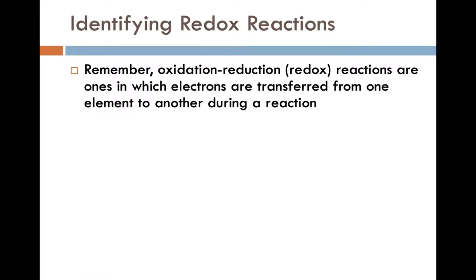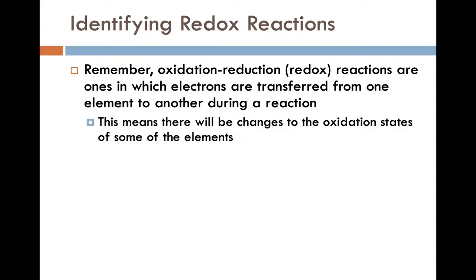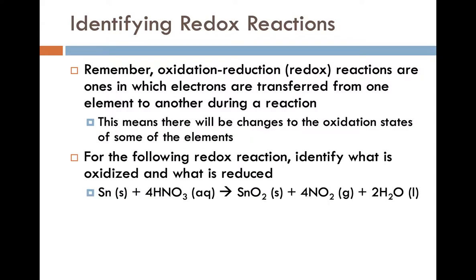Now, a couple other pieces here, a little bit of this will be identification and also a little bit on terminology. When we talk about redox reactions, remember we are looking for electrons being transferred in the reaction. Precipitation reactions are pretty easy to see because you have two aqueous reactants and a solid product. Acid-base neutralizations are pretty easy to see because you have an acid and a base reacting.